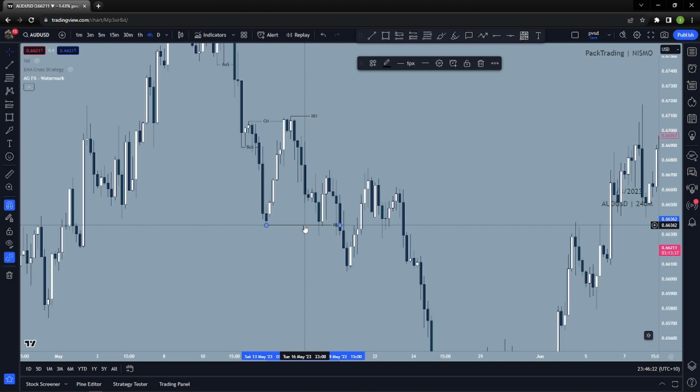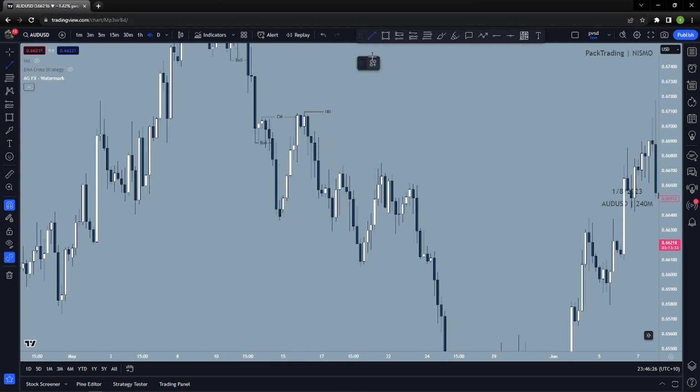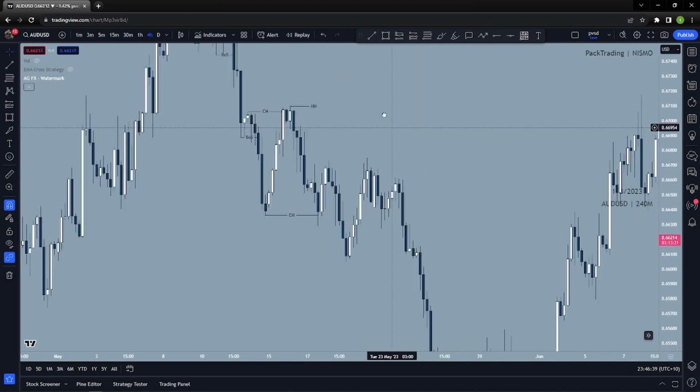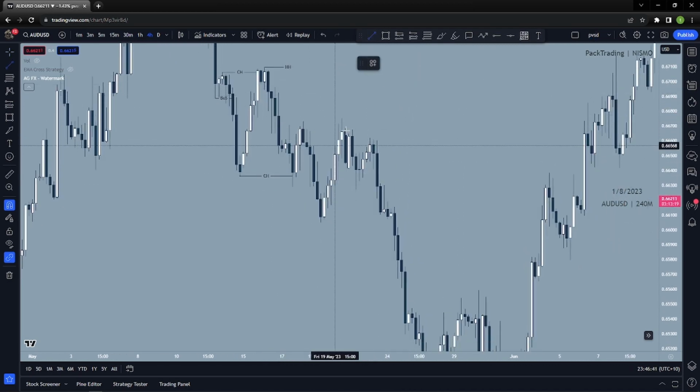Like I said, that's the protected low. I would say it got taken out and created a choch. So for now, let's just mark it as wick choch. All right, what happens after the choch?